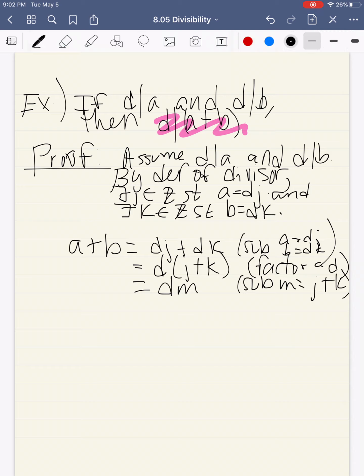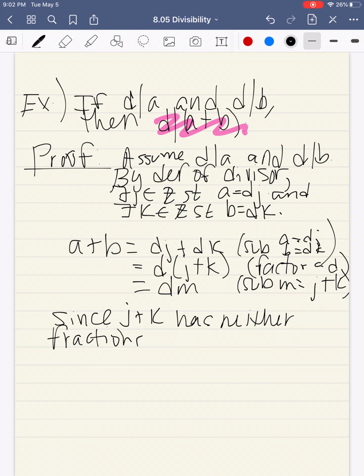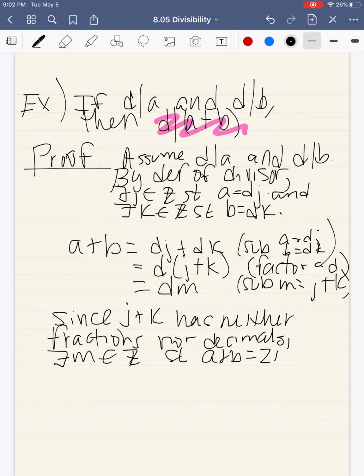And we can say, since j plus k has neither fractions nor decimals, there exists an M in Z such that A plus B equals, not 2M, oh, no, not proving that this is even, equals dm.